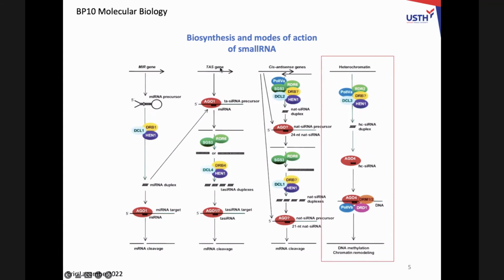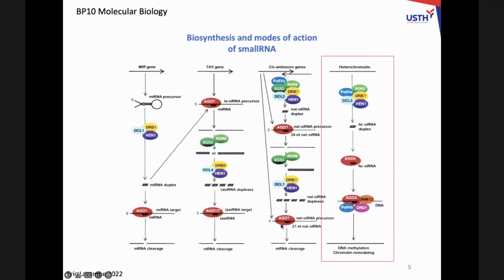From information coming either from a gene or from an external exogenous RNA, a small RNA is produced, and this will serve as a guide to direct the degradation of another mRNA target. Okay, so these are the three main pathways.